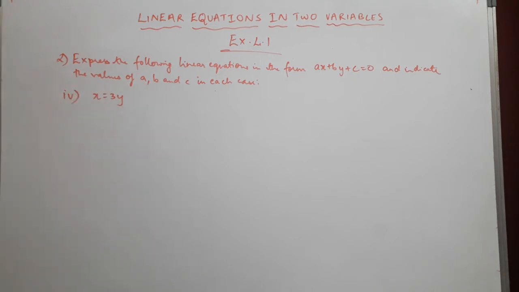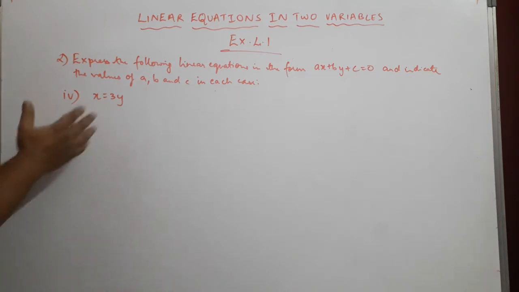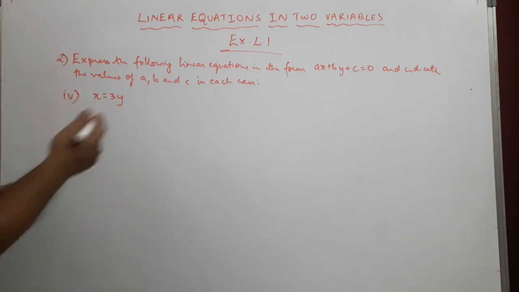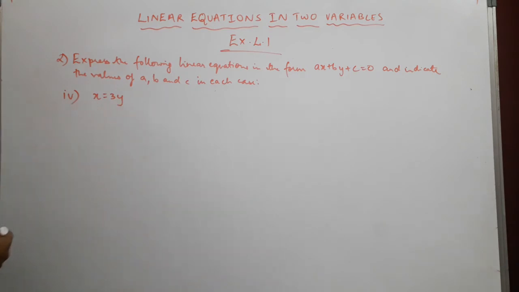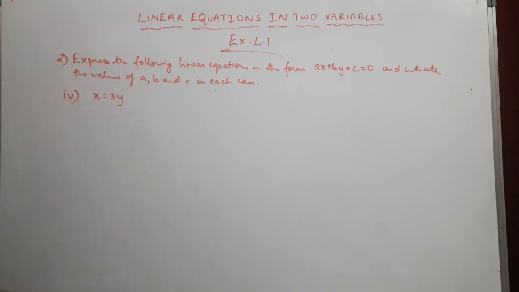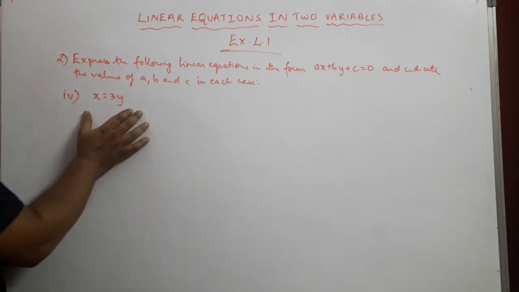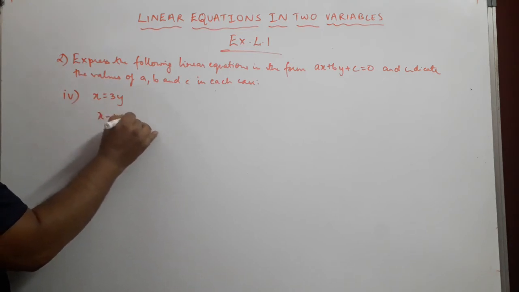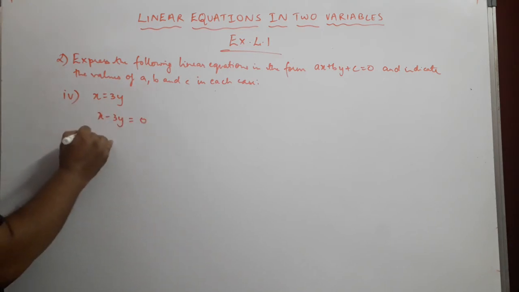Next problem is x equal to 3y. This is similar to the first question that we had. Remember that problem where we had the cost of notebook and the pen, and we had got over there x equal to 2y, and we said that is in the linear equation form, in two variable form. So once again same thing we'll do over here. 3y will bring on the left hand side, so we'll get x minus 3y equal to 0, and now we'll compare it.